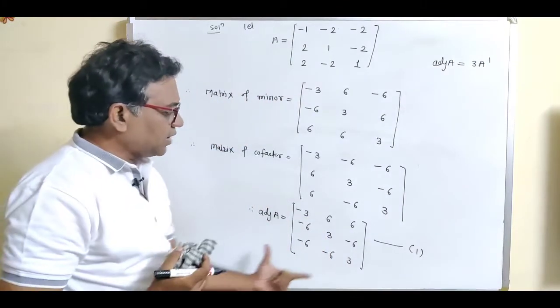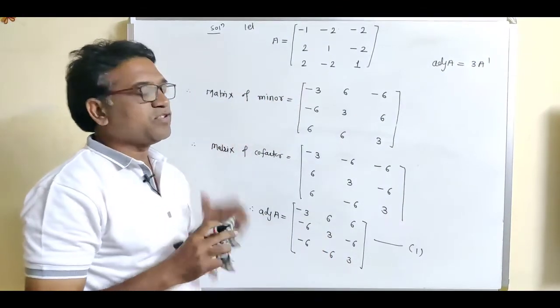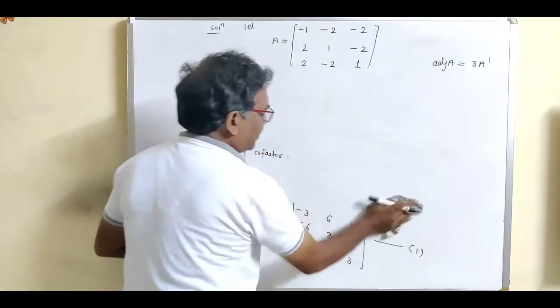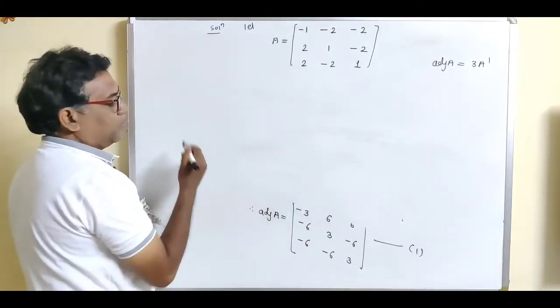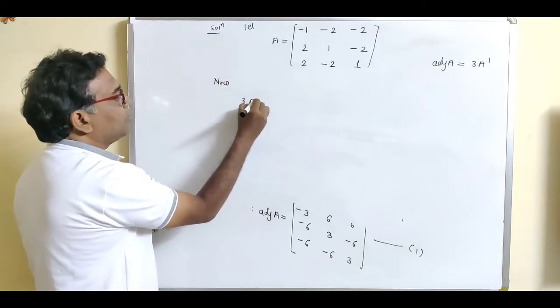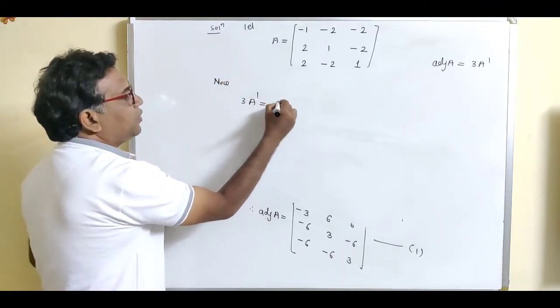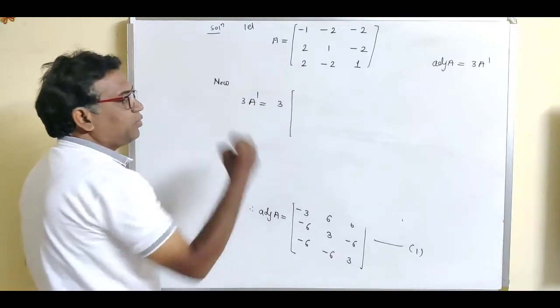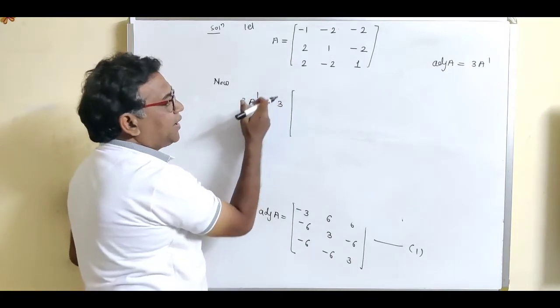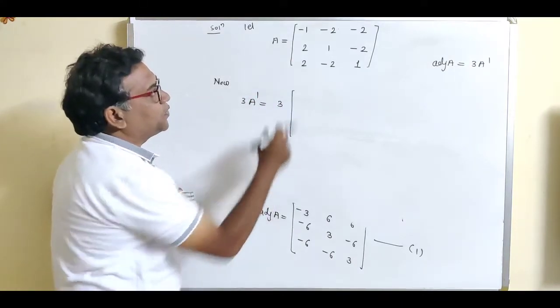So adjoint of A, that is our left hand side, that is, suppose, equation number 1. Now find out the right hand side, which is 3 into A dash. So write down now 3 into A transpose, this is equal to 3. Now this is a matrix A, transpose, dash means it is the transpose.